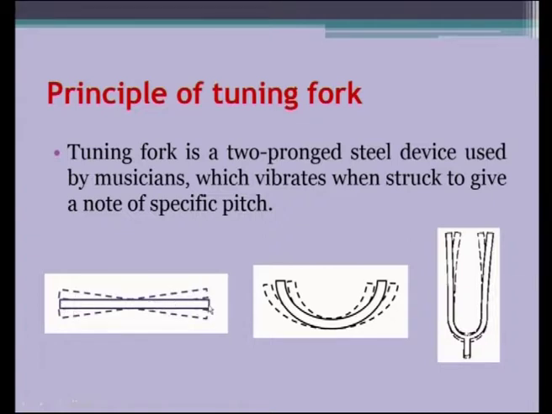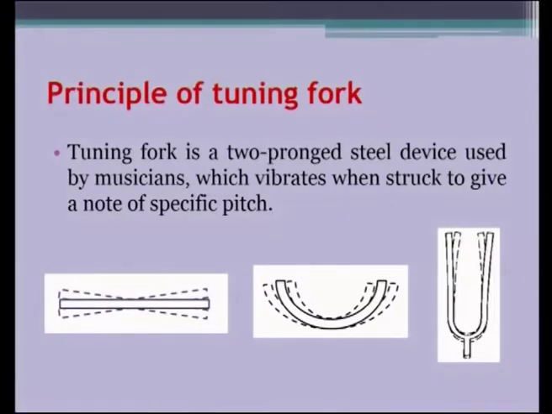Contrary to the stretched string, in which the two ends are kept fixed between the knife edges, in this case the ends are free to move and vibrate. The central part is fixed, and if it is bent, we have this kind of structure.